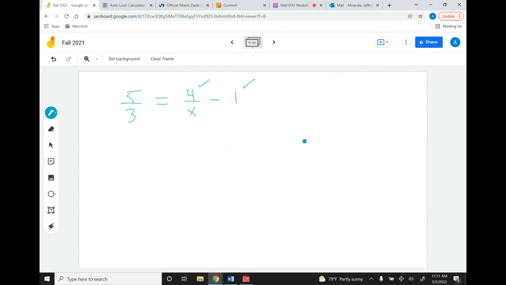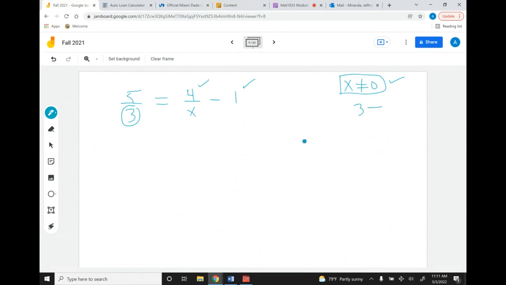Now, what I can do is exclude 0 from my possible solutions. Notice the 3 here. This 3 is a constant. It's not going to affect your solution. Okay? The one that you have to pay attention to is the variable. The variable here is x. So you want to state clearly that x cannot be equal to 0.